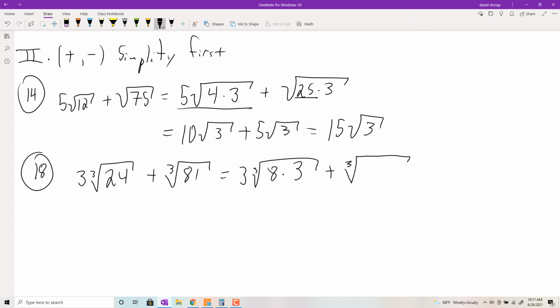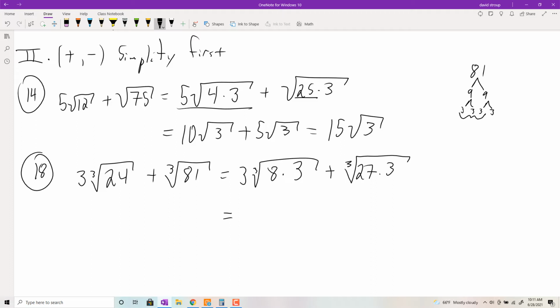So that sounds familiar, right? 81 is 9 times 9, so 3 times 3 times 3 times 3. So you could group those together for 27, and then you just have left over 3. 27 is a perfect cube, so you can factor that out.